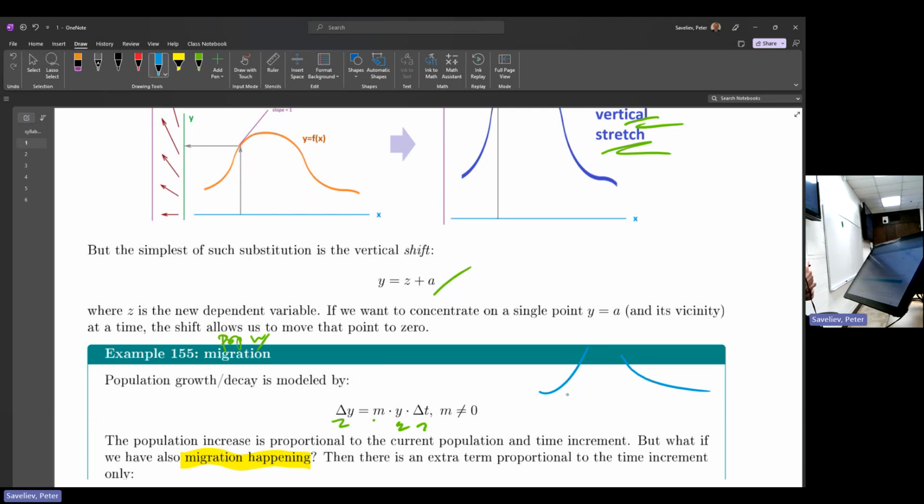So it's an influx, positive migration into your country or your city. How would that change the population dynamics?